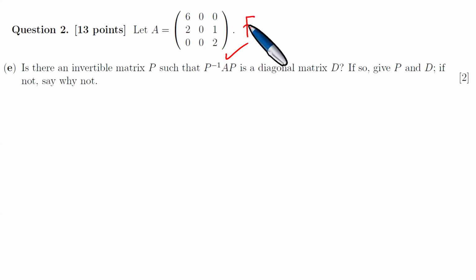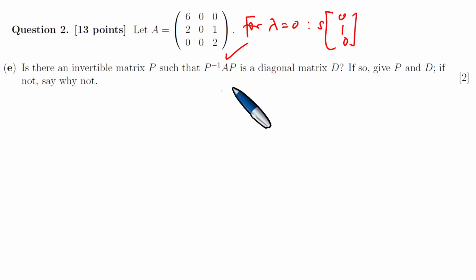So for lambda equals 0, I'm just going to write, we got s times 0, 1, 0. Right, so we got exactly 0, 1, 0. Just writing this here.